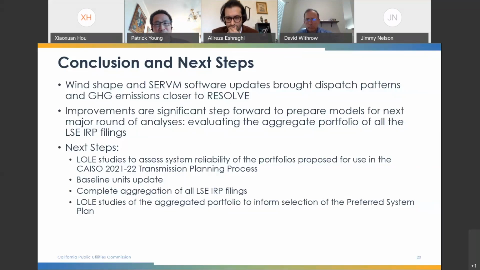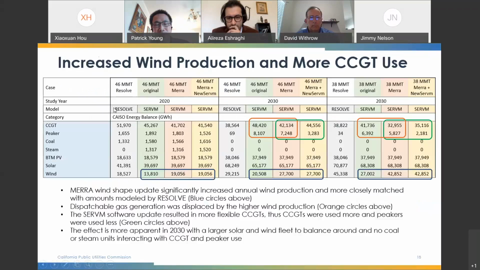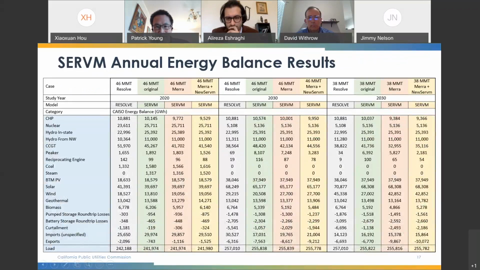Could you scroll back to the annual energy results slide, David? This is what you're looking at, Matt? Yeah. Starting with the green column for 2030, the green and the orange are pretty close, but then the yellow is lower.